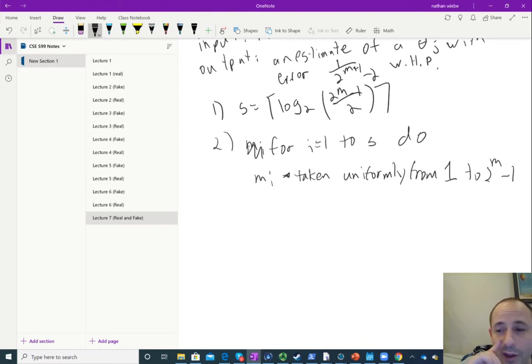So we pick our integer value for the number of times we apply the controlled unitary for each of the s experiments, just uniformly at random.